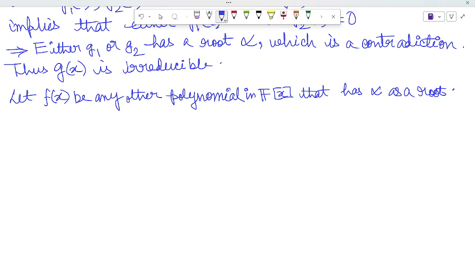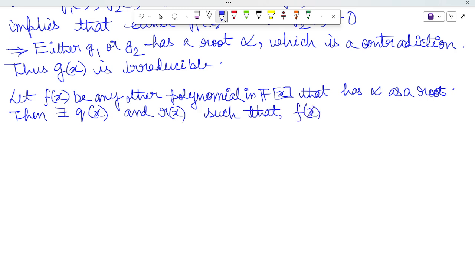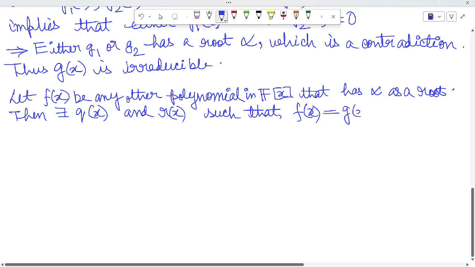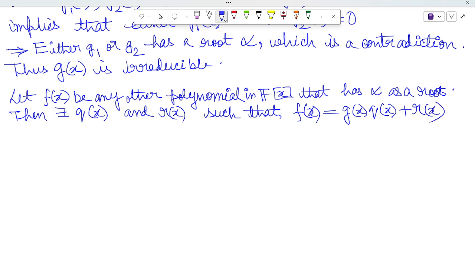Then obviously apply the division algorithm. So then there exist q(x) and r(x) such that f(x) equals g(x) q(x) plus r(x), where r(x) is the remainder.